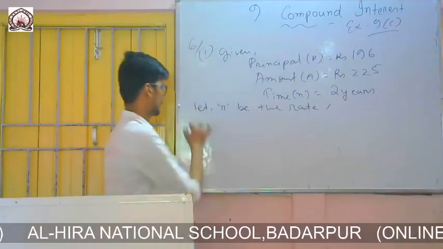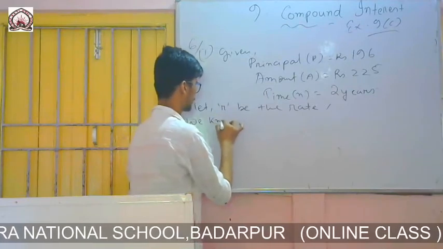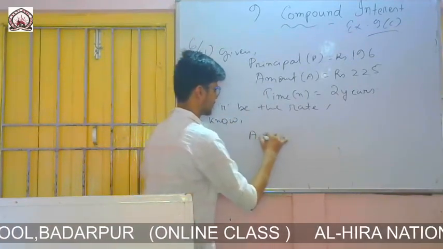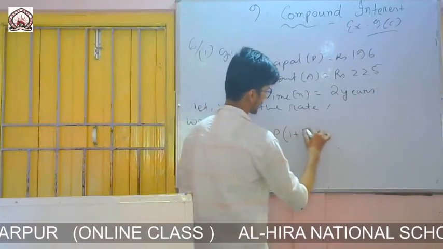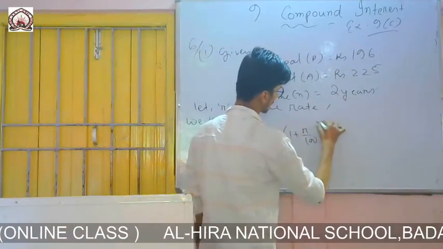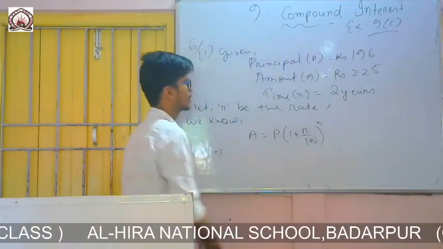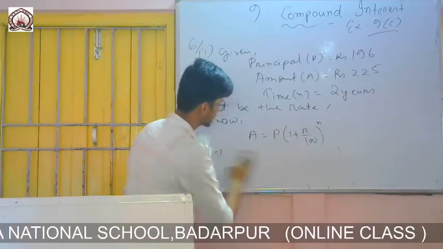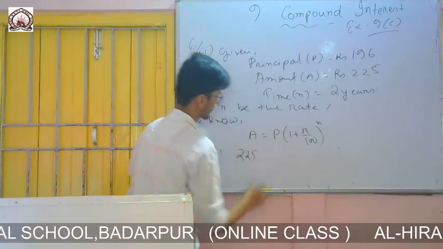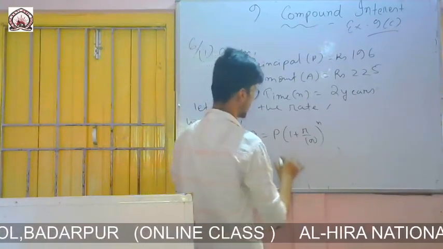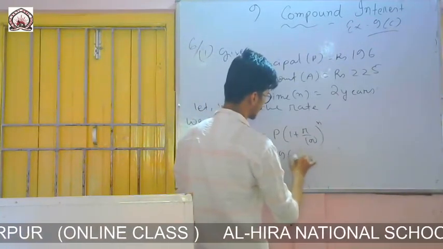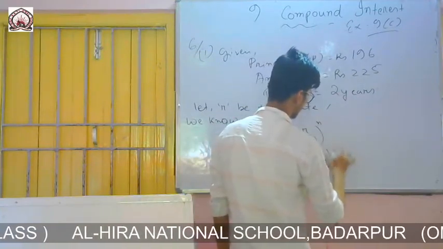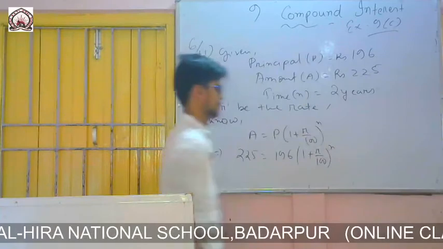So we know, simply we'll use that formula: amount equals P into 1 plus R by 100 to the power n. So here amount is given, it is 225. Principal is given, 196, and it is 1 plus R by 100 to the power n.